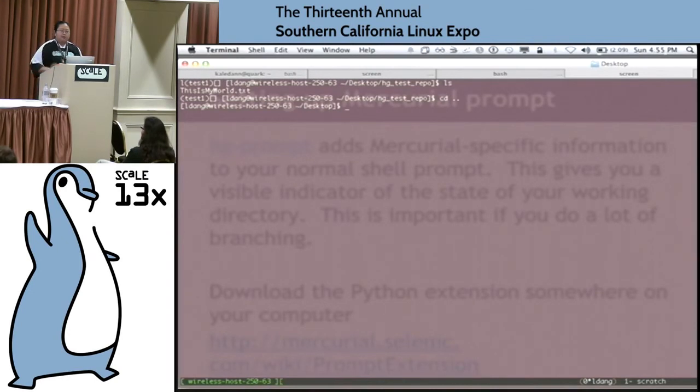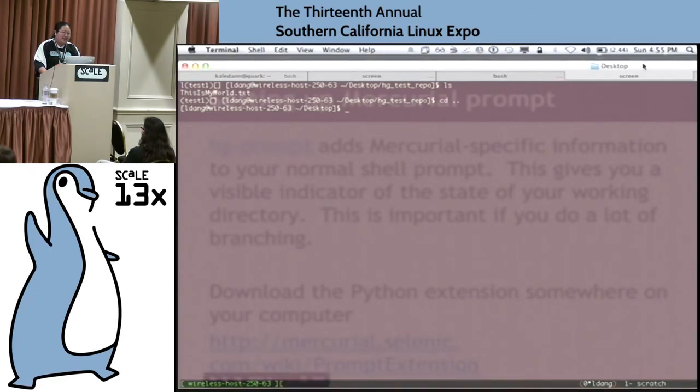This is what my prompt looks like when I'm not in a Mercurial repository. It's a pretty plain prompt. If you compare it with the one above, which if you look at the projector, I'm hoping you can see, I broke my rule about changing the color of my terminal when I do presentations. Sorry about that.